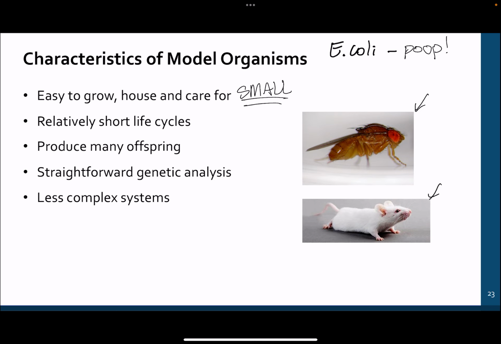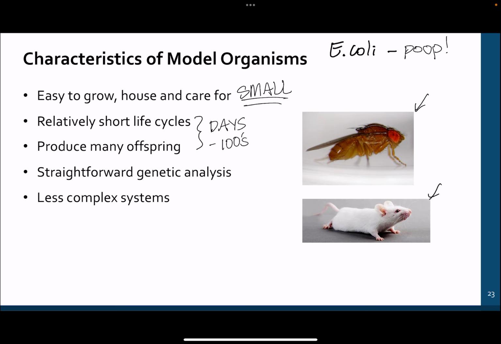So from a single fruit fly whose life cycle lasts a few days, you might get hundreds of baby fruit flies. And so this allows you to collect a lot of data and a lot of statistically significant data because you have a huge sample size.